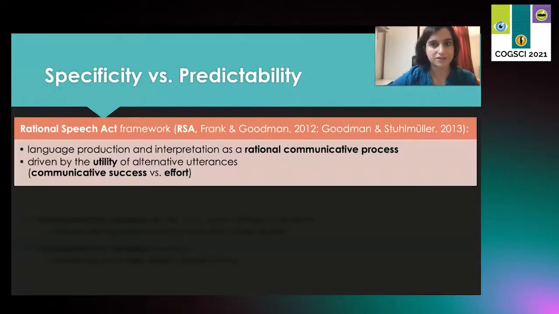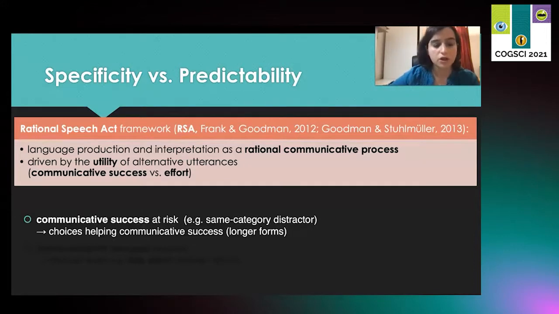Now, if you're familiar with the Rational Speech Act framework, you could wonder how that relates to our results. The Rational Speech Act framework argues that language production and interpretation are a rational communicative process, driven by the utility of alternative utterances, as determined by communicative success or effort. When communicative success is at risk, for example, when there is a same category distractor, we prefer choices which help communicative success, and they typically are longer forms.